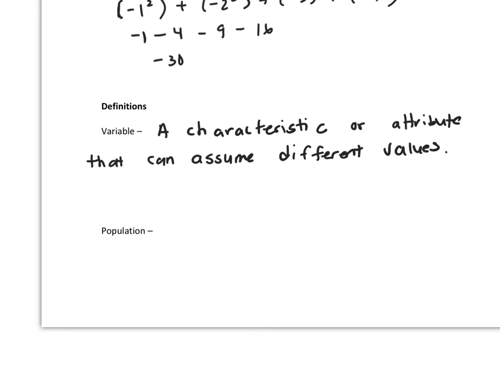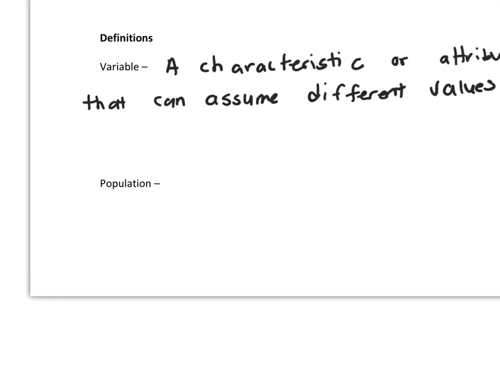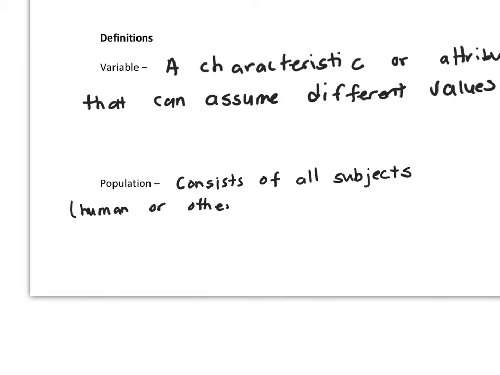Population, very important. Consists of all subjects, human or otherwise. You guys are probably happy I'm writing this definition out because you might not be able to understand my accent. That are being studied.